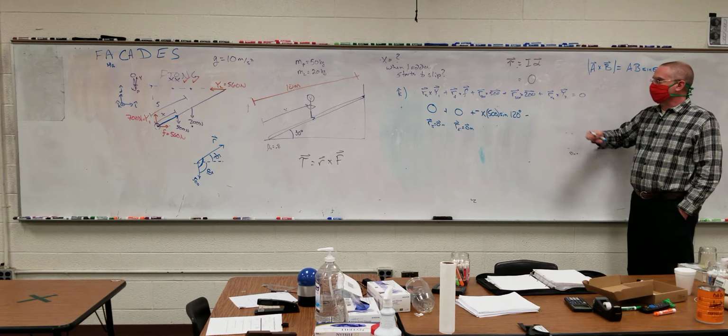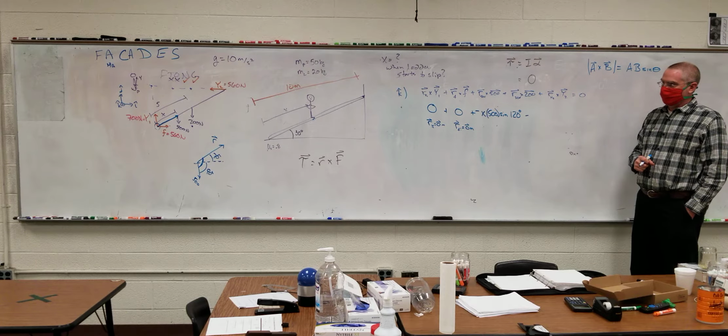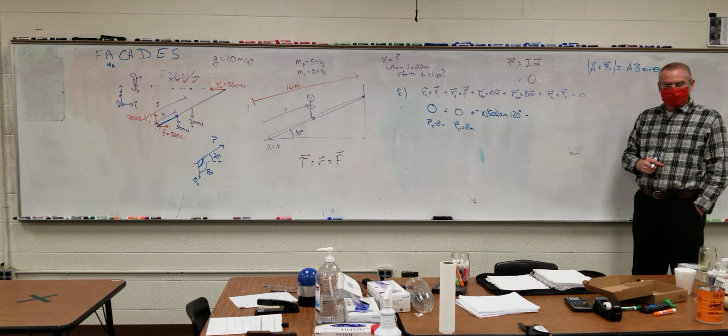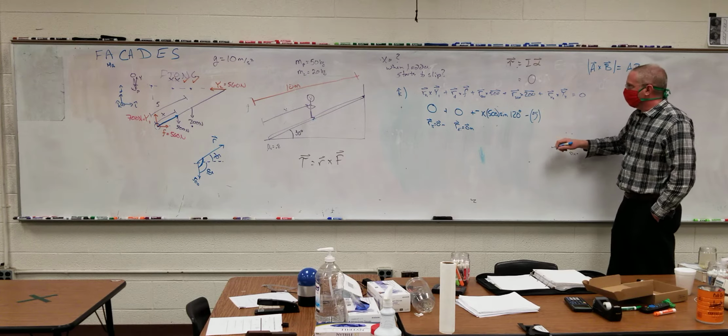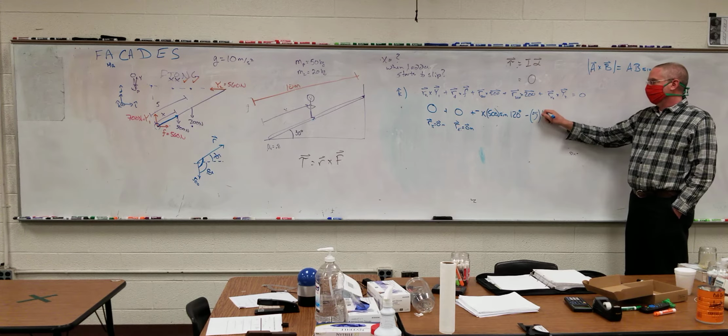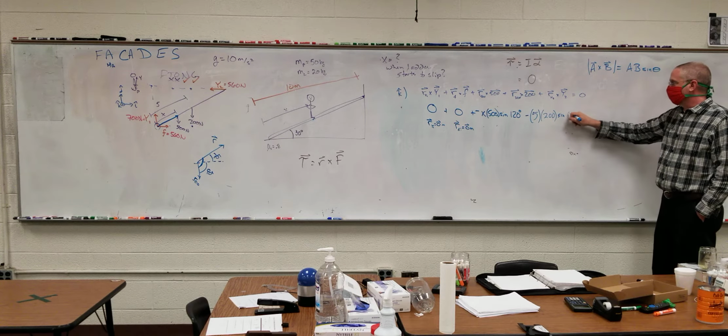What is the magnitude of my radial vector, or my moment arm? Okay, so I got 5. The magnitude of the force? 200. Times the sine of, well, should be the same thing, 120 degrees.